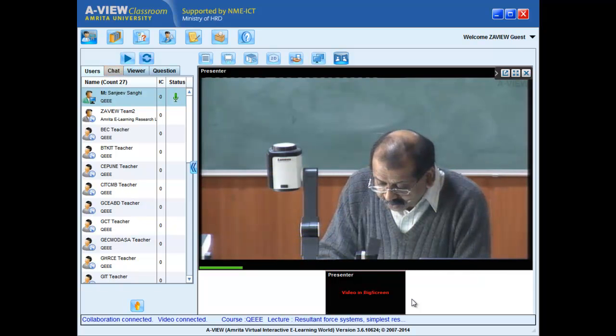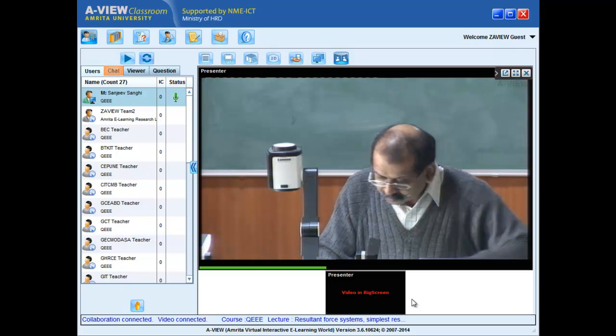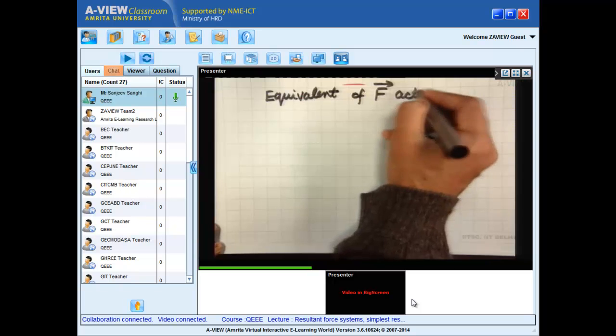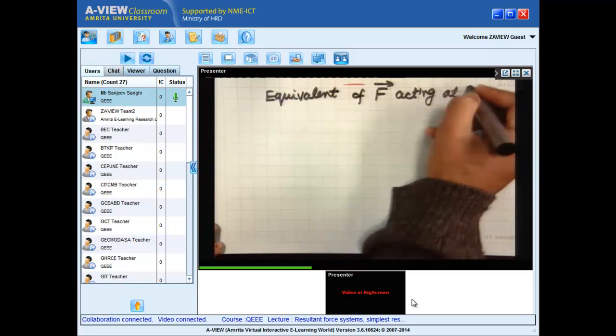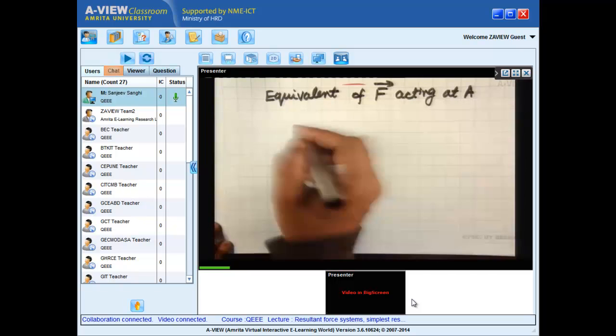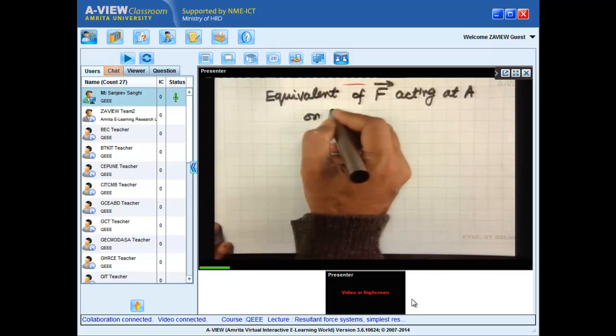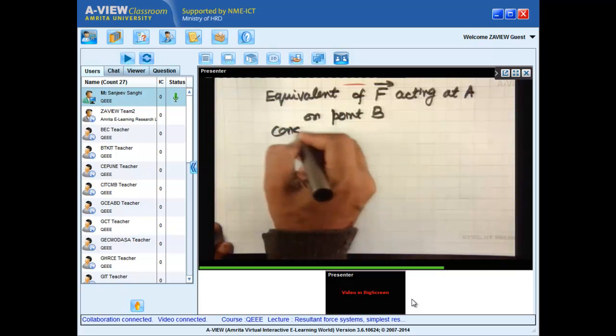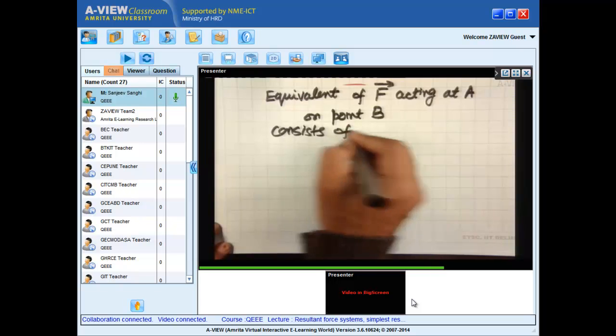So what we have shown is that the equivalent of a force F acting at A, on point B, consists of two parts.